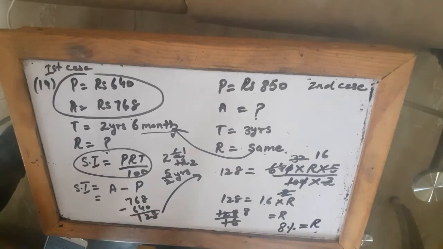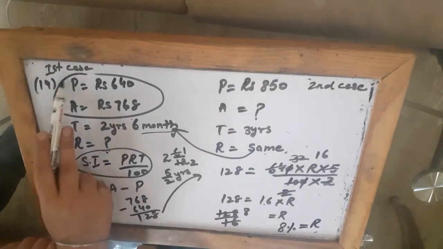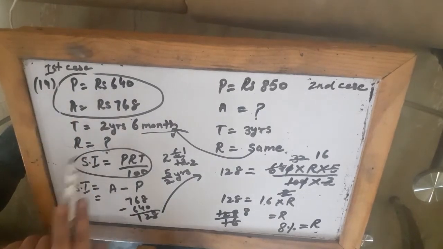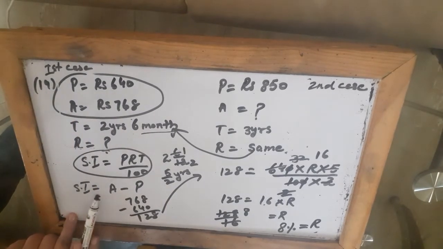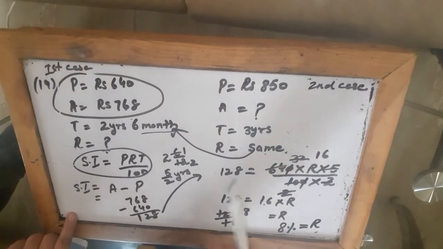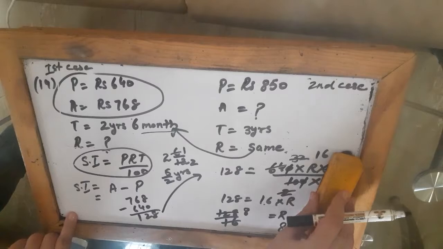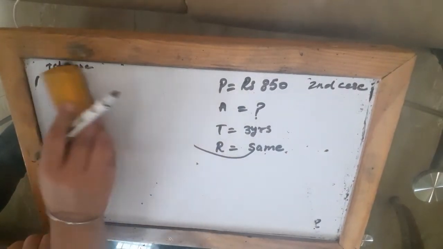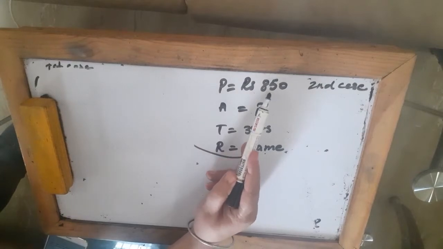Now the second case. In the first case I have found the R, the rate of interest, by using the other information. Now I come to the second case, where they are asking to find the amount. The principal is 850.